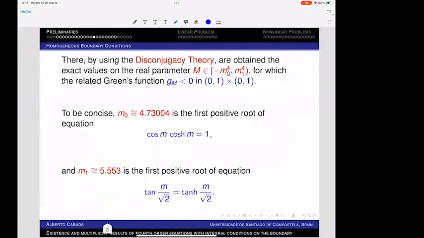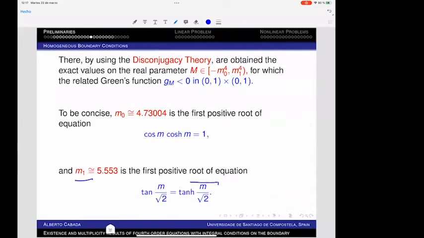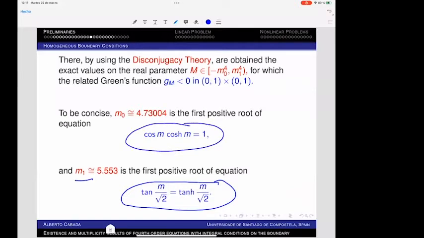In fact, what we have here is m1, which is the eigenvalue where tangent equals hyperbolic tangent. And we deduced, studying the expression of the Green function, that just here, and look that this is a closed interval because it is never an eigenvalue of the considered problem, it is given by this expression.